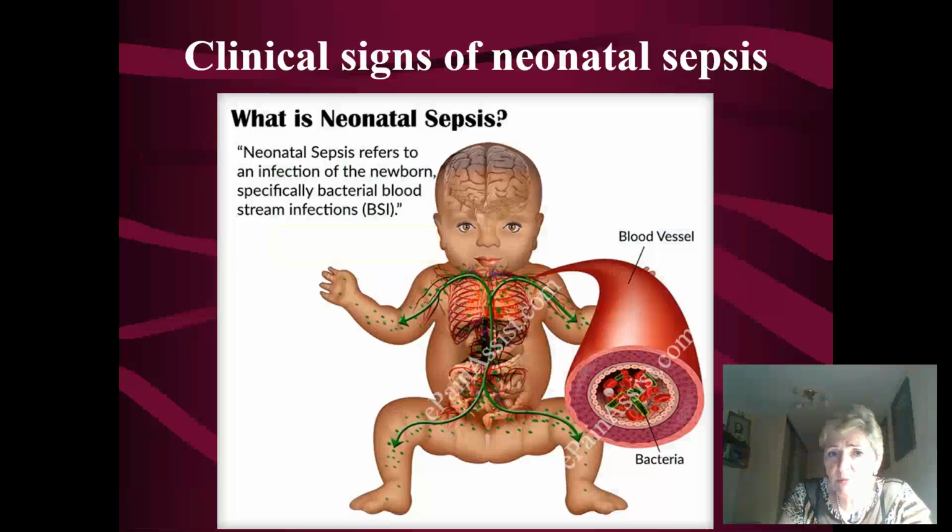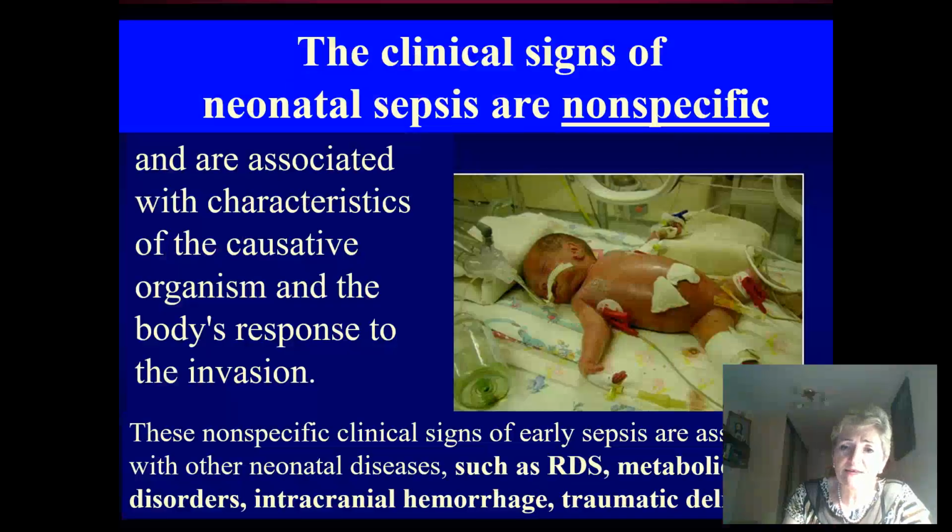Now we discuss the clinical signs of neonatal sepsis. But I would like you to know that the clinical signs of neonatal sepsis are non-specific, very subtle signs. Clinical signs are associated with characteristics of the causative organism and the body response to invasion.